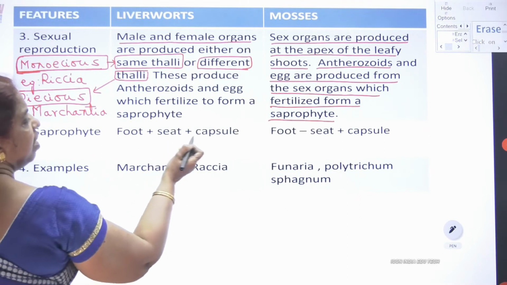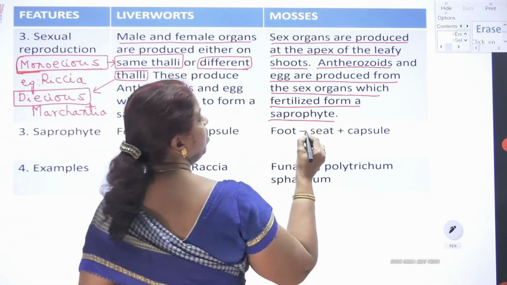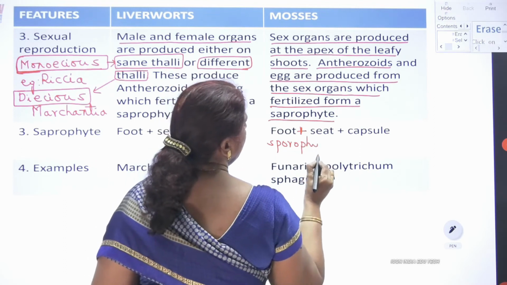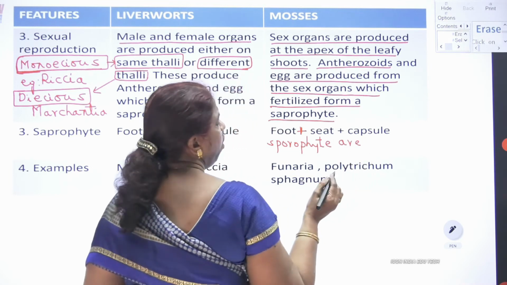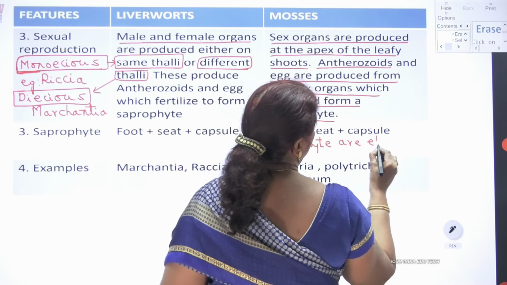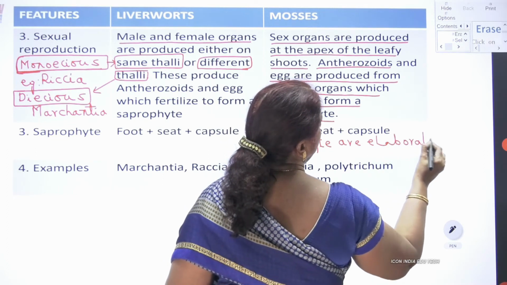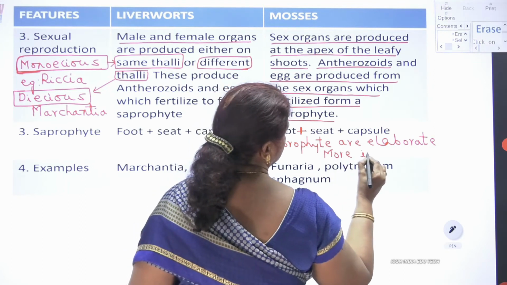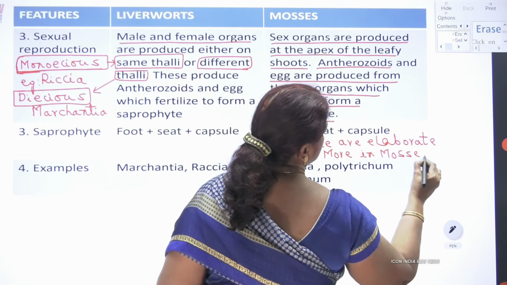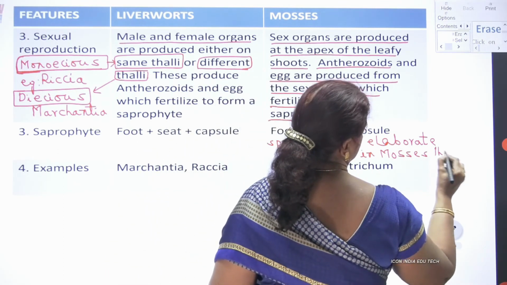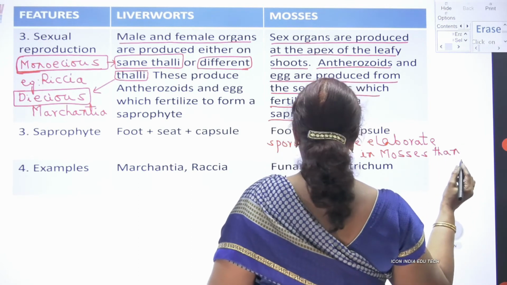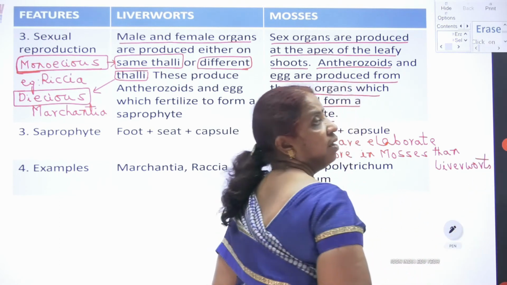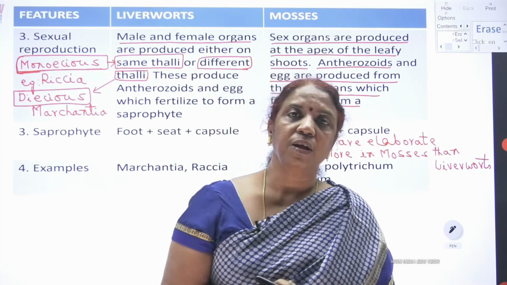The sporophyte is well developed; the sporophytes are more elaborate in mosses than in liverworts. They can ask a question on this.